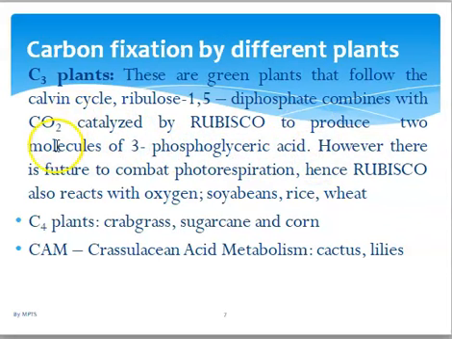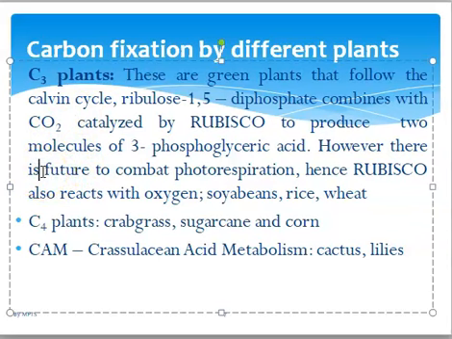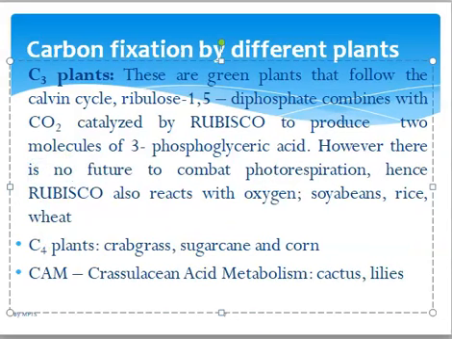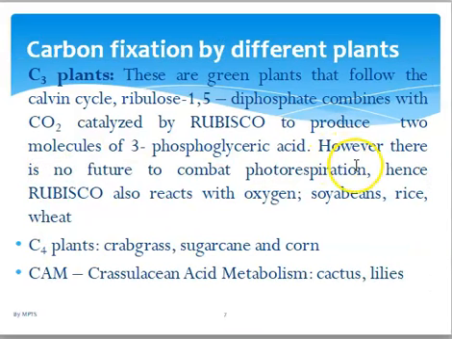However, there is no mechanism to combat photorespiration, because rubisco can also act on oxygen, hence energy is lost here. Examples are soybean and rice.